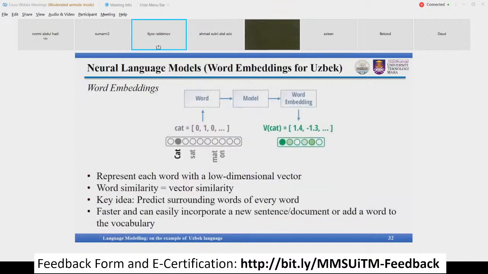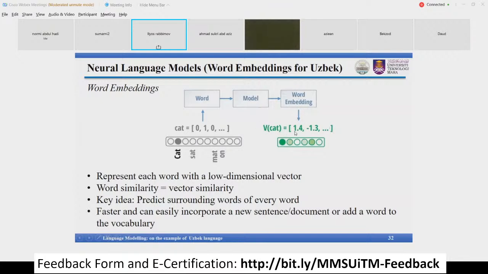Word embeddings for Uzbek. Word embeddings. This is a one-hot vector for cat, and this describes the word, and the neural language model created the word embedding vector corresponding to cat, and finally the word embedding vector for cat.